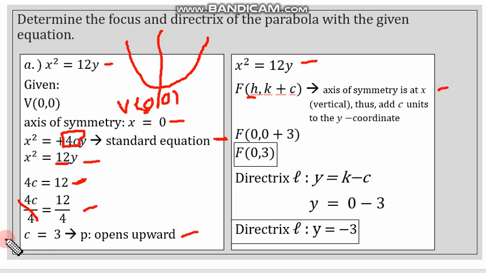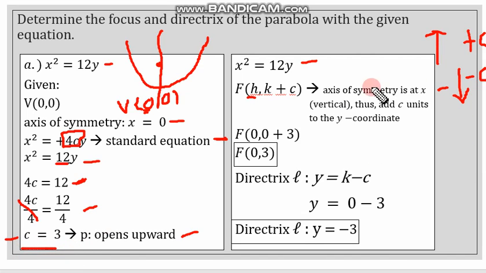Since our c is positive, the direction is upward, so our focus is above our vertex, so we will add c to our k. If it is downward, our focus will use minus c. Take note if our value of c is positive. So this one is positive, which is 3.